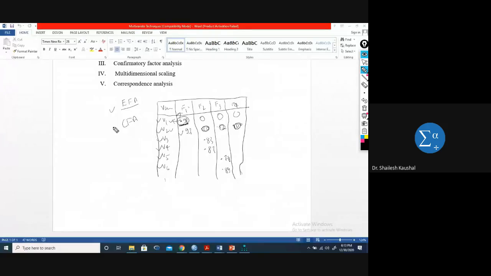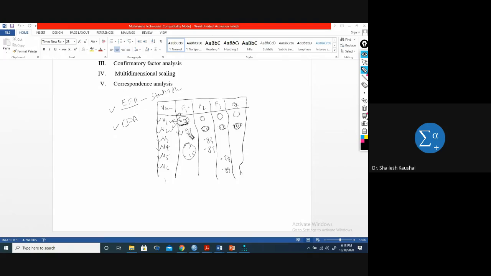And in an EFA, the variables or questions are selected on the basis of the value of factor loading, meaning statistical significance. Whatever particular variable has a high value we retain, and a low factor loading value like 0.3 or 0.28 we do not retain in our study.